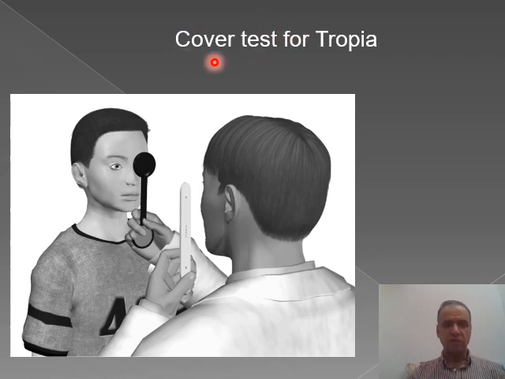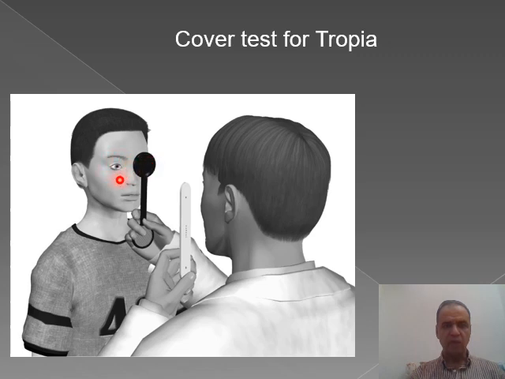Cover test is done by using a very interesting and small object, but not a light or torch, to stimulate the foveae of both eyes. Then we put an occluder, for example here, on the left eye first, and we look at the right eye.